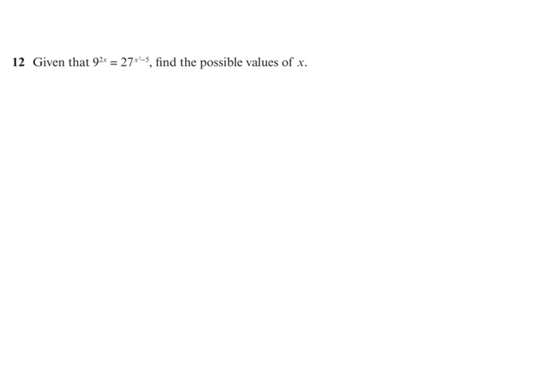Also a bit loggy, but actually quite different. In this case, I'm not needing to take logs. If I can, actually, it's more indices. If I can make the base numbers the same, then the powers must be the same. And I know that 9 is 3 squared. So this is 3 squared to the power of 2x.